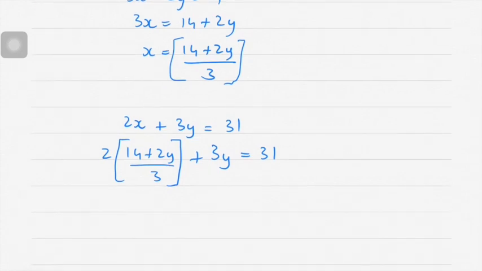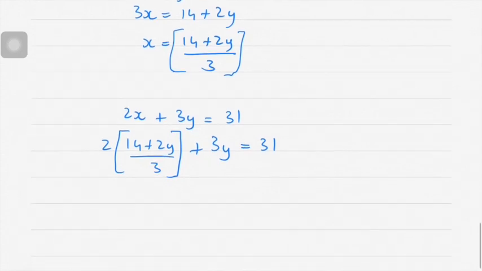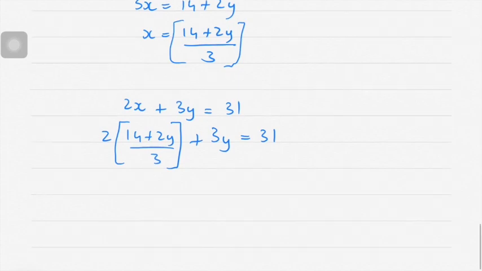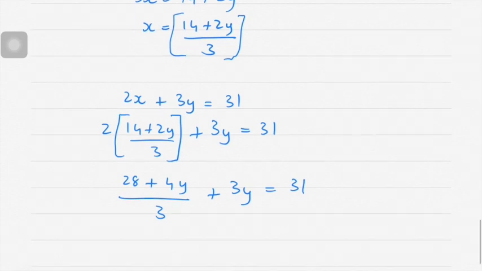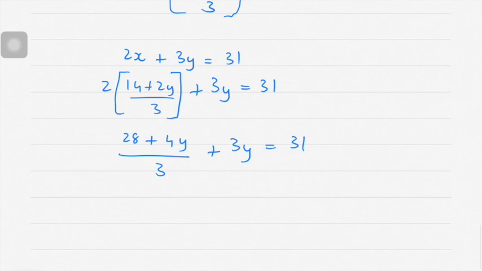Now you can solve this and find the value of y. So let's solve this. Let's open the bracket. 2 into 14 is 28 plus 4y upon 3 plus 3y is equal to 31.